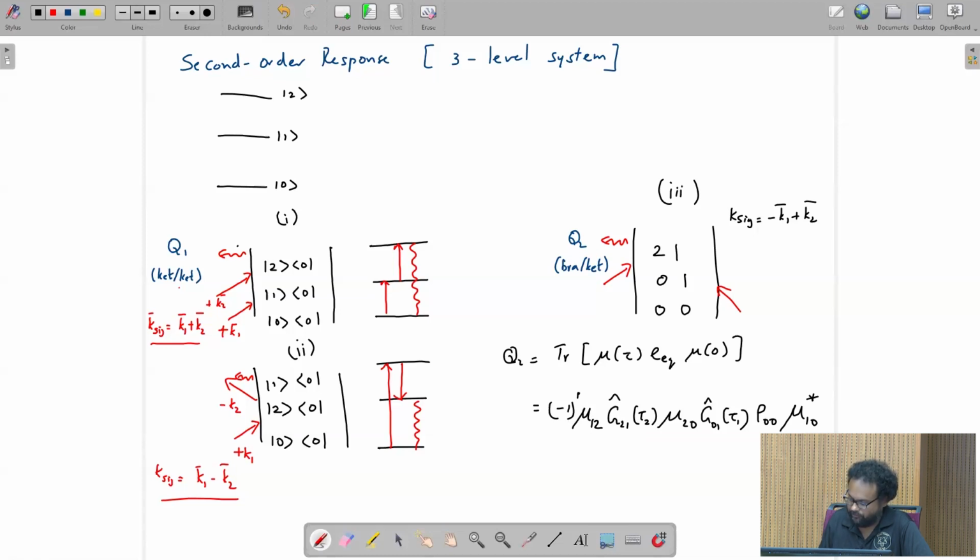So if I explicitly substitute for my super operators, then you should say minus B0, the occupation factor, mu 0-1, mu 1-2, mu 2-0, three dipole moments, e power minus i omega 0-1 tau 1 minus gamma 0-1 tau 1, that corresponds to my first evolution, multiplied by e power minus i omega 2-1 tau 2 minus gamma 2-1 tau 2, and that's basically your correlation.